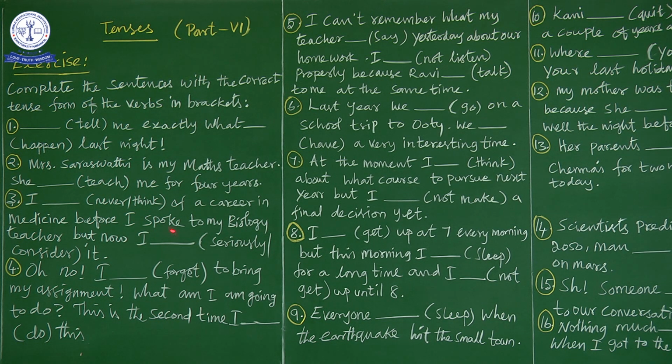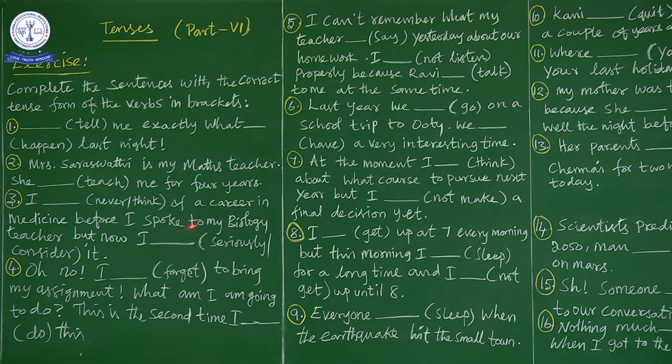Whenever there are two past actions, one past tense here and the keyword before, and when you are going for past perfect tense, the keyword must be after or before. So here we have the keyword before, and after before we have spoke. In the past perfect tense we have two rules: one is earlier action, the other later action. Now we have to find out what is the earlier action.